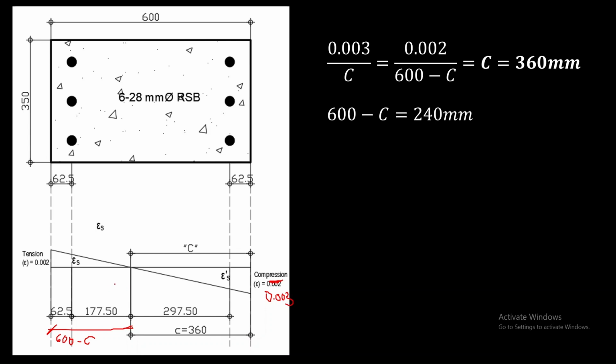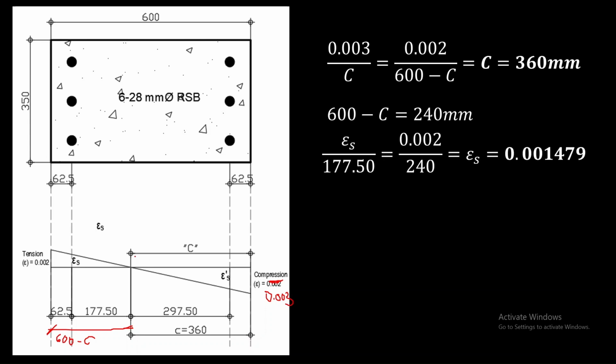So in order for us to easily solve this problem, we first identify the value of C, or the distance from the neutral axis. Later on we're going to use this. Next thing we need to compute is the strain caused by the steel reinforcement at the tension side and the compression side.